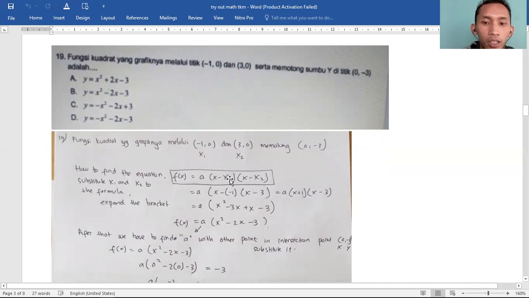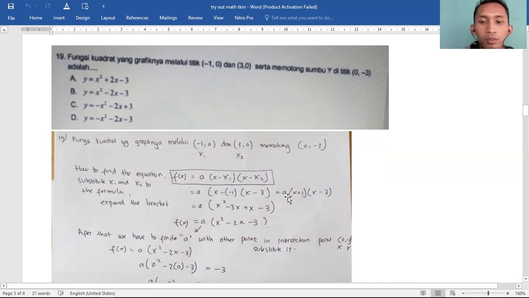x minus x1, x minus x2. This is the formula. You will find a after this, so it is still a. So x negative negative 1 times x negative 3. Negative and negative will be positive. So we expand this bracket.